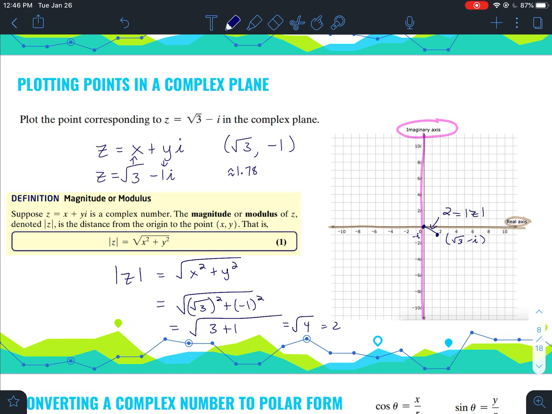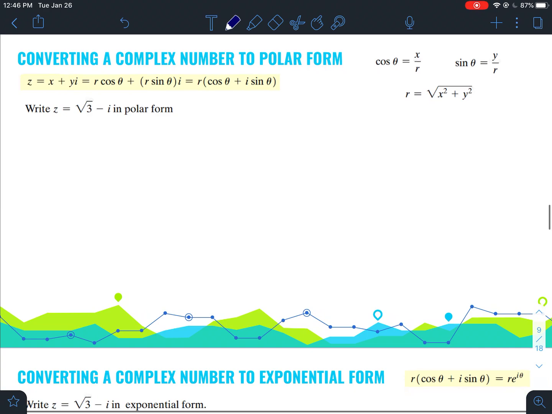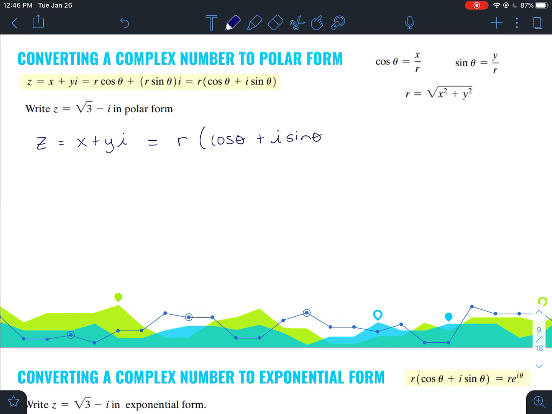All right, so how do we take a complex number and convert it to polar form? Well, if you take a complex number, z equals x plus yi, in polar form, we're going to write this as r, the radius, times cosine theta plus i sine theta. Or if you distribute that out, it's r cosine theta plus i times r sine theta.